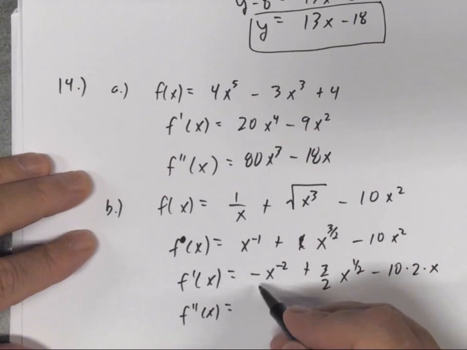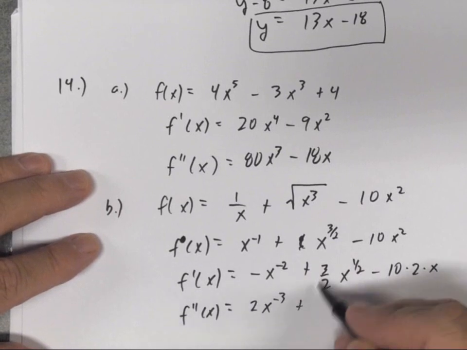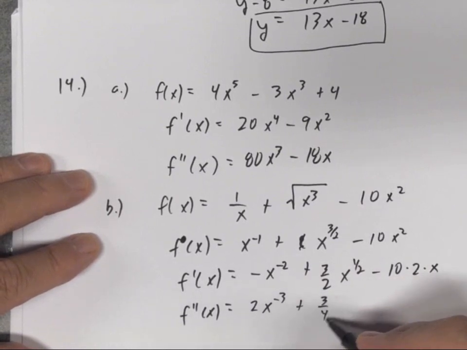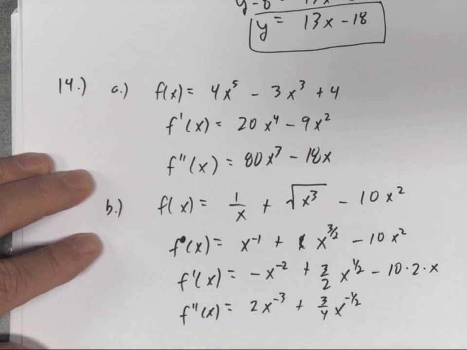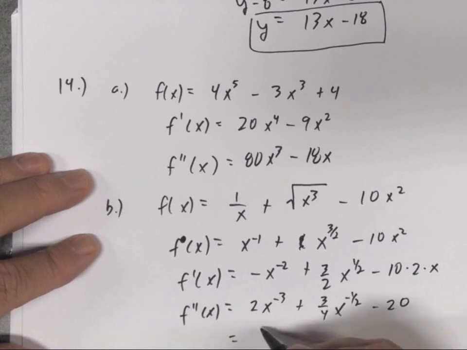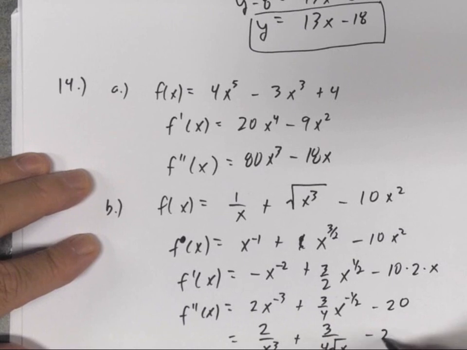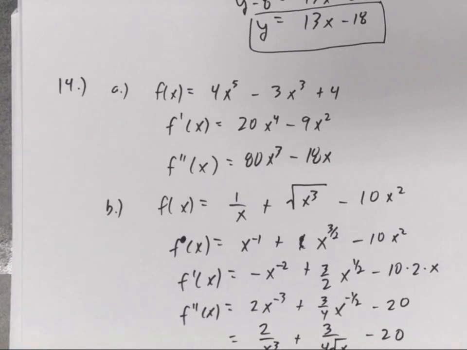So minus 2 comes, which times a minus makes it 2, x to the minus 3. 1/2 comes down, that makes it 3/4 x to the negative 1/2. And this just becomes negative 20. So if we were to make this a little more palatable for the math people, there you go.